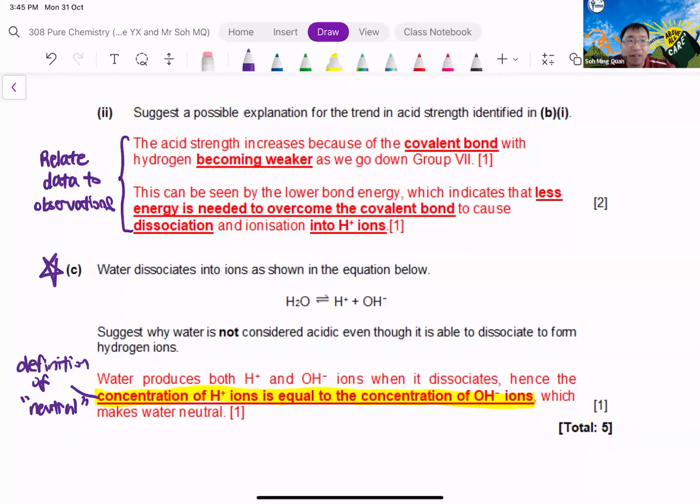Something is alkaline because the concentration of OH- ions is higher than the concentration of H+. So it's always relative. Which ion is higher in concentration? Okay? Now that concludes A8, which I admit is not easy, but yes, this has occurred in the O-level syllabus before. Okay, so this Ka question has appeared before.